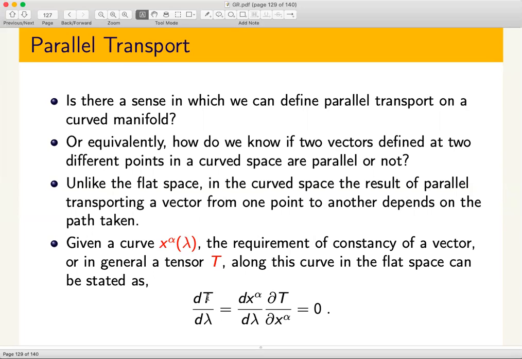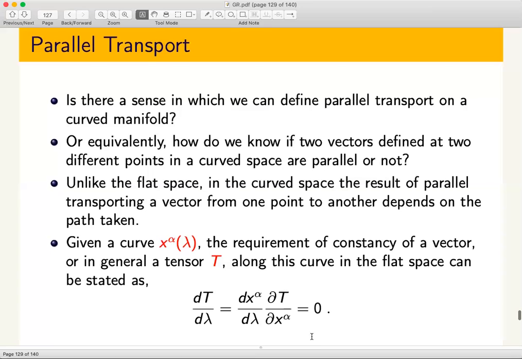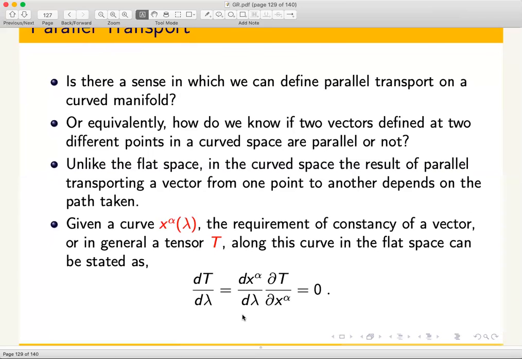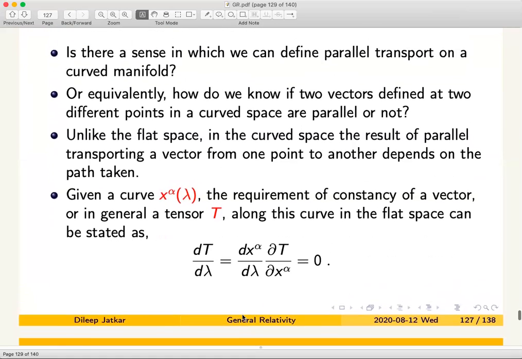So dT/d lambda is 0. That can be converted into a derivative with respect to spacetime of the tensor by writing it in this particular form. That is the statement of holding the tensor constant while you transport it along a curve. Any questions here?